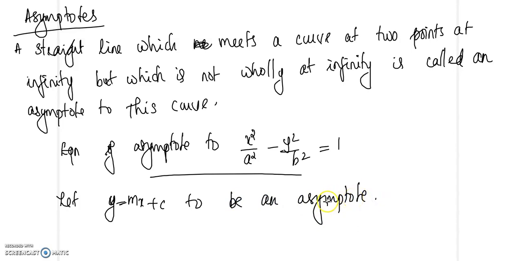Let us call this equation 1 and this equation 2. Now the line y equal to mx plus c is going to touch the curve at infinity. So let us look for the point of intersection of the line and the hyperbola.